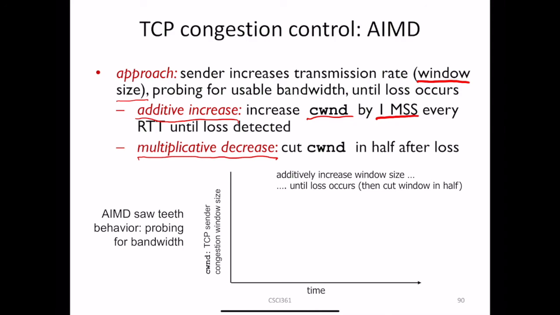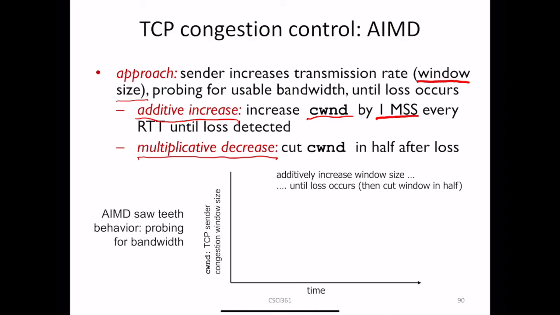So after this slide, I will just use MSS, so you will know it means the maximum segment size. This happens every round trip time until packet loss is detected. However, for the multiplicative decrease, when packet loss is detected, the CWND will be cut in half.